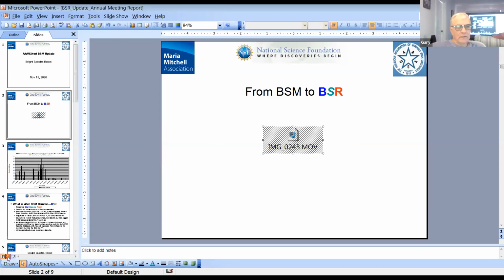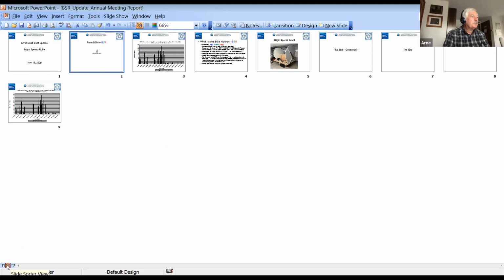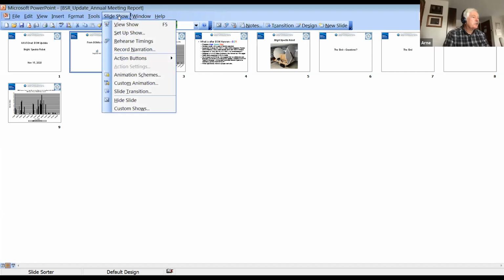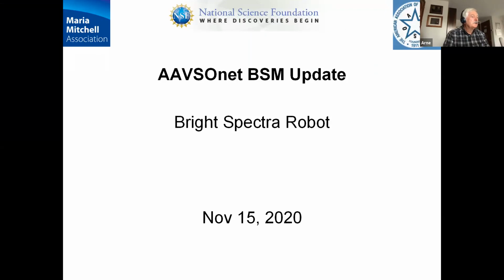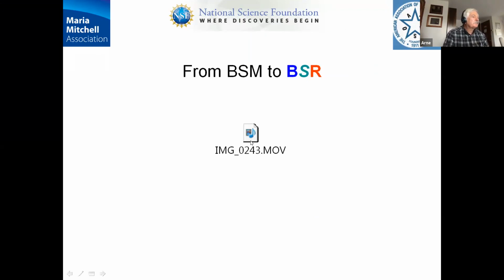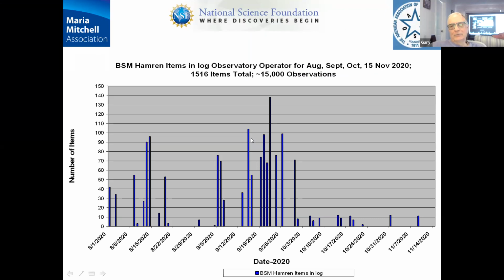Slideshow up at the top, the pull down menu. There you go. Now view show. Now go down to that slide and start the movie. Okay, it's going to go to the next slide, I think, but let's see. Yeah, no, that doesn't work. I tried that this morning. Okay, let's forget about the movie.